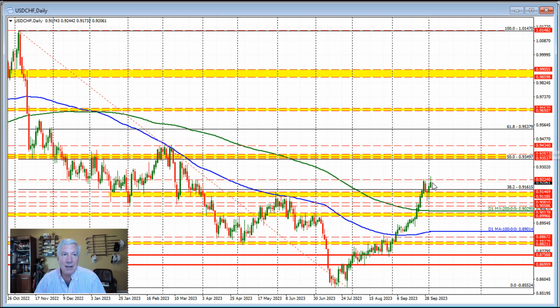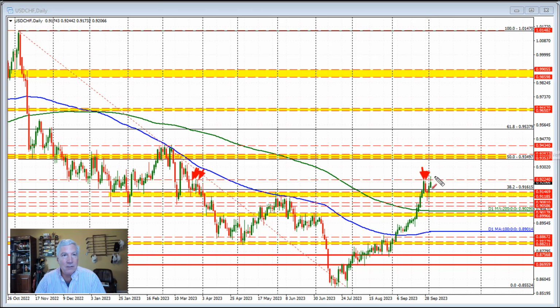Taking a look at the daily chart for this pair, what may keep a lid on this pair now is that when the price moved to new highs, the price did get above these swing highs going back in time to this month in March. These were swing highs all coming in near the 0.9220 level, and last month the high price also stalled near that level as well.